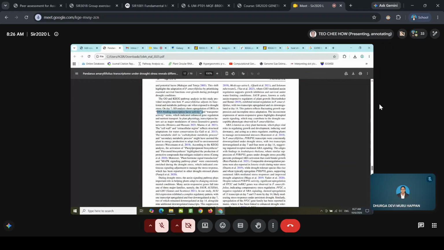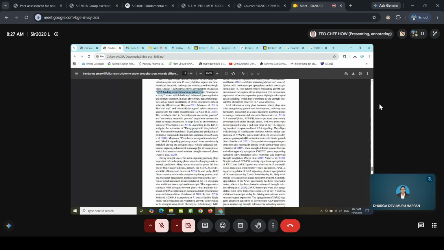In terms of plant physiology, transcription factors provide explanations for the GO and KEGG. You also mentioned plant hormone signal transduction and the MAPK pathway, right? They are enriched under the drought stress, indicating continuous signal adjustment in the stress response. This has also been reported in other drought-stressed plants, right?